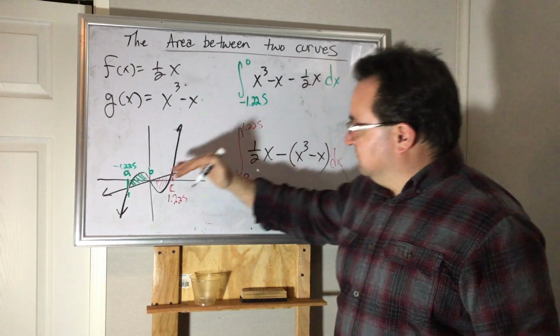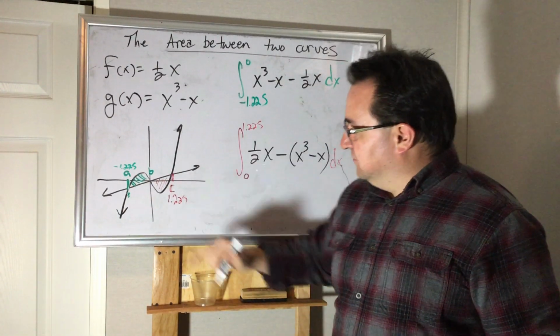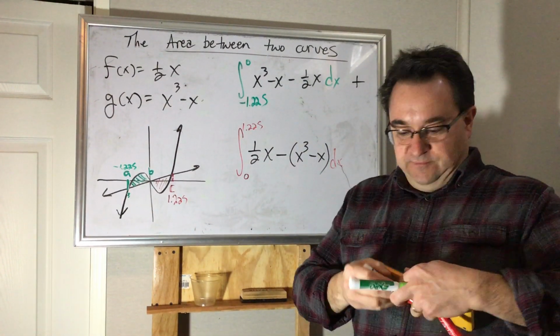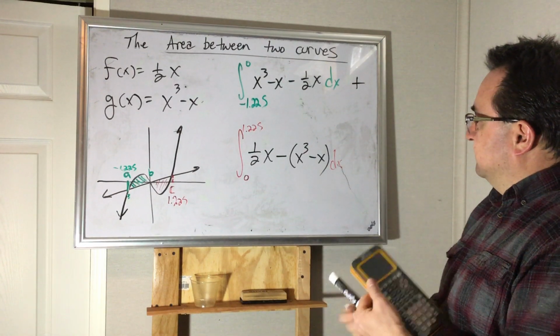So this is going to be the integral of the green, this is going to be the integral of the red, and the total area will be the sum of the two. So I'll start pushing the buttons here.